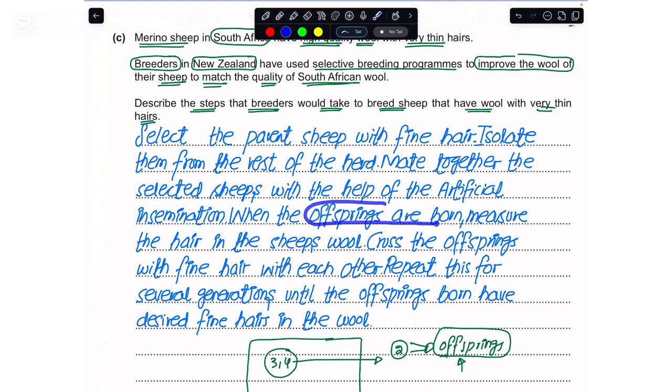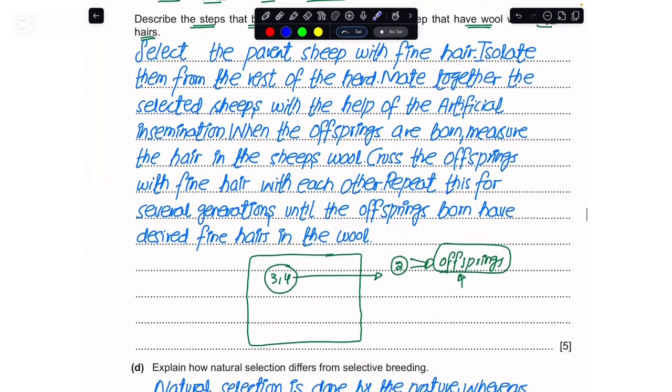When their offspring are born, we would measure the hair in the sheep's wool, and out of those offspring, we would only cross those that have reached the age of puberty and have fine hairs. We would repeat this step for several generations until the offspring born have the desired fine hair which the breeders want in their sheep.